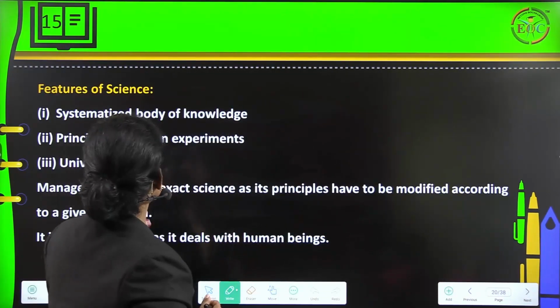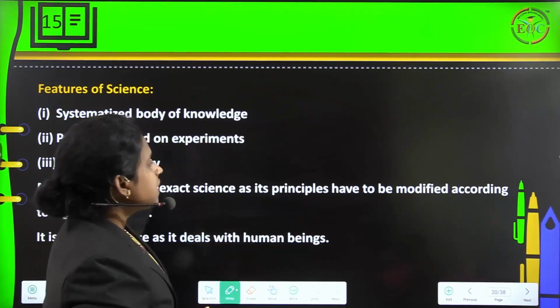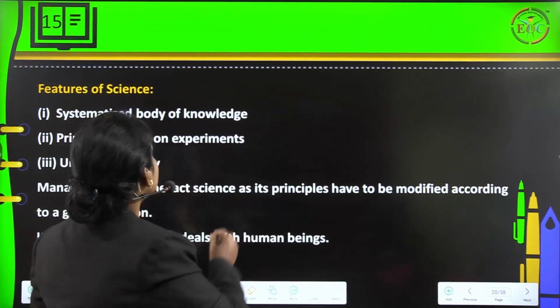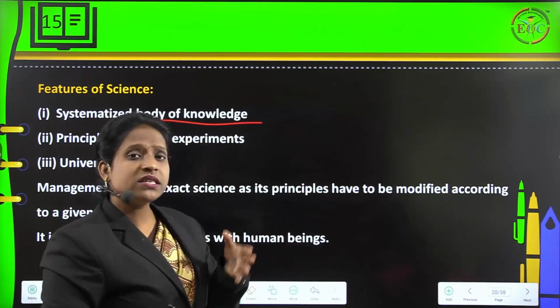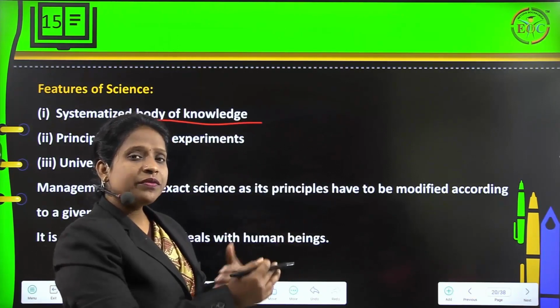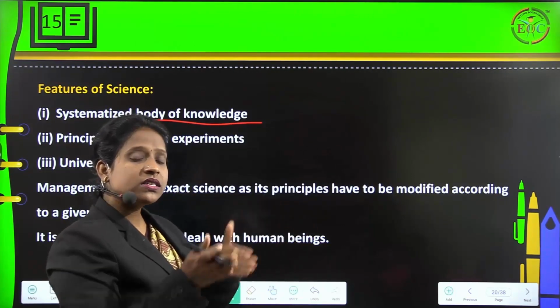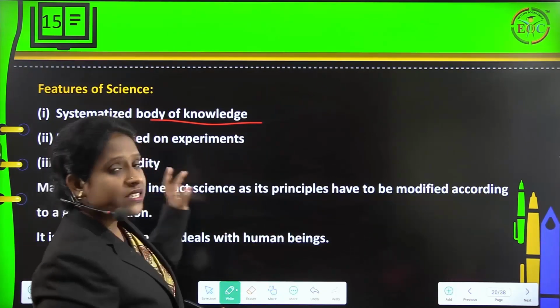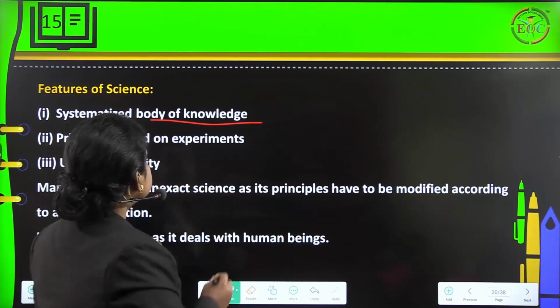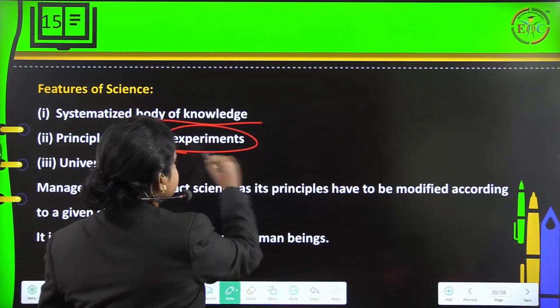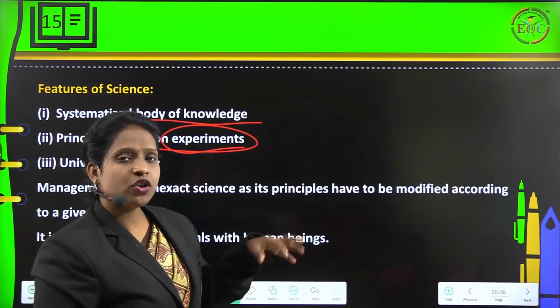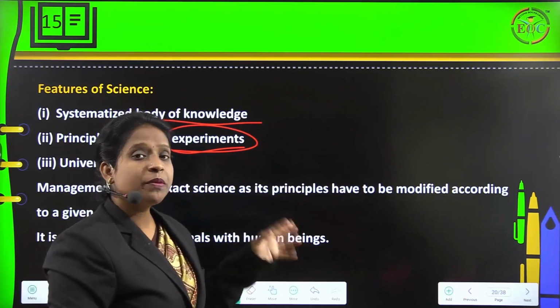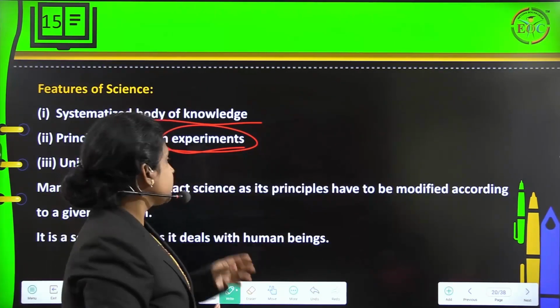Then features of science. We call science a systematized body of knowledge, because it is a systematic process. However we wish, we cannot do it, so a systematic process should be applied. That is why we call it a science. Next is principles based on experiments. Whatever principles you are applying should be based on experiments.